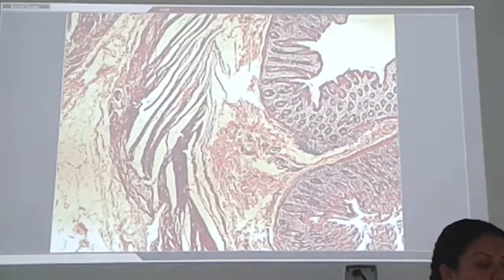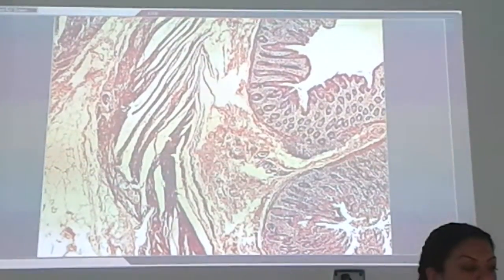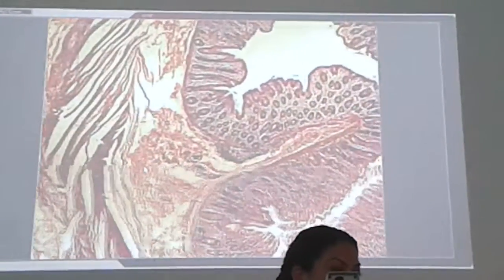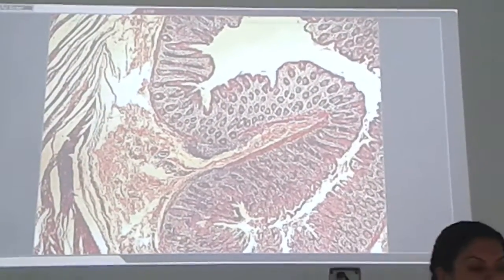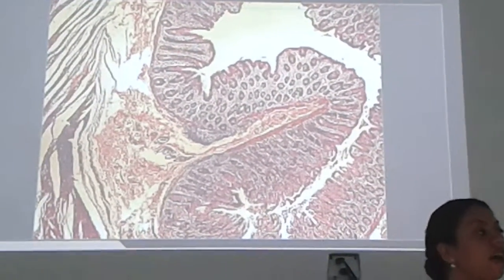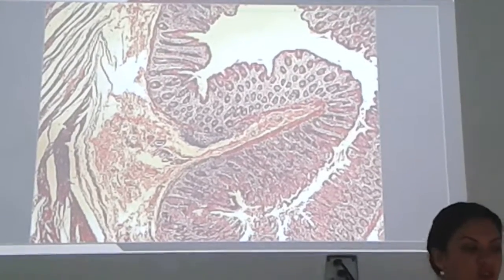And then muscularis externa. These pink structures are muscles. And the other important feature of this large intestine is, as you may see, there are no villi structures in large intestine.